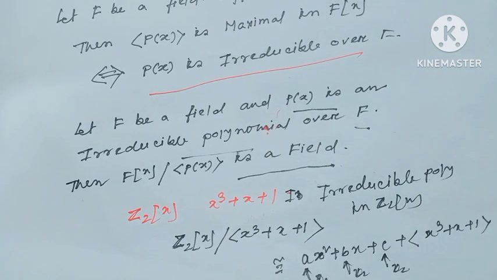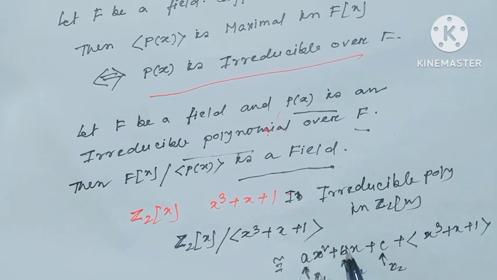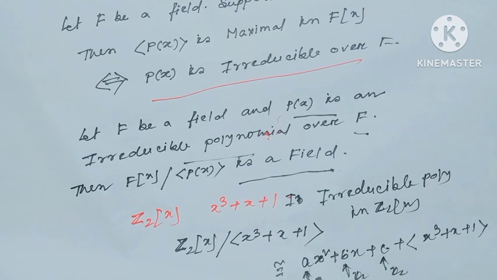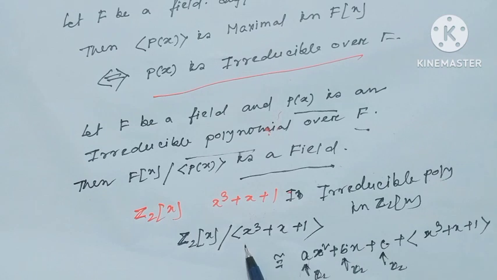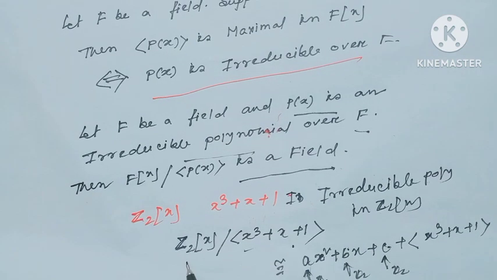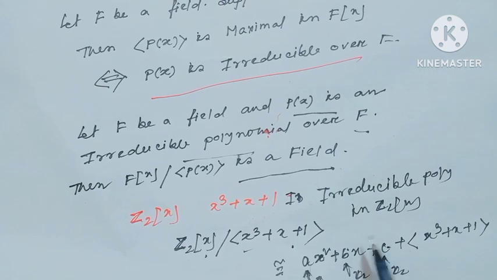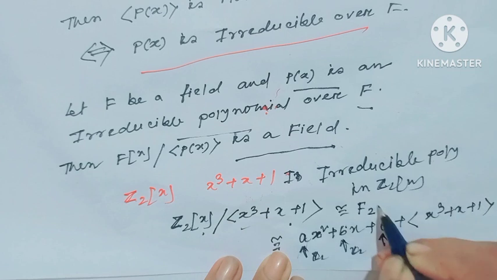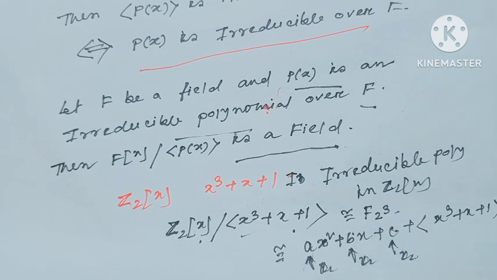So here there can be 2 choices, here also 2, here also 2. So 2 cross 2 cross 2. Since this is an irreducible polynomial in Z2, this is a field, and this field is isomorphic to F2 to the power q type. This field actually contains 8 elements.